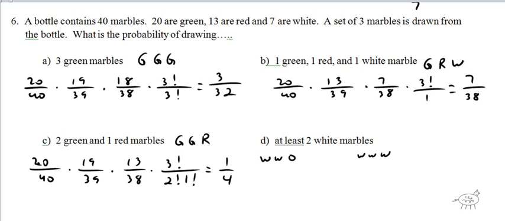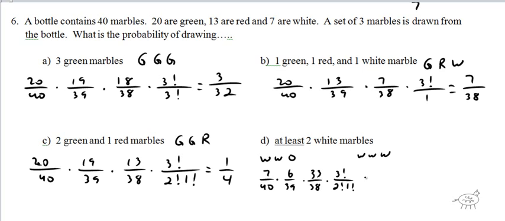Okay, so we have 7 out of 40 times 6 out of 39, and then other, right, there are 33, so there are 20 green and 13 red, so it's 33 out of 38, right, and then WWO is going to be, right, 3 factorial divided by 2 factorial, 1 factorial.